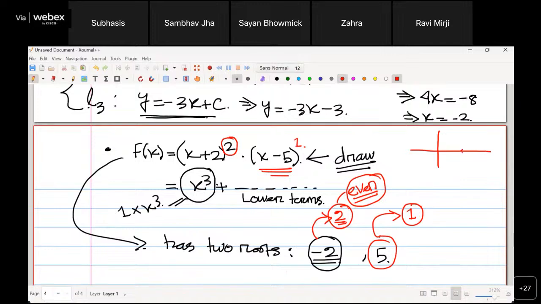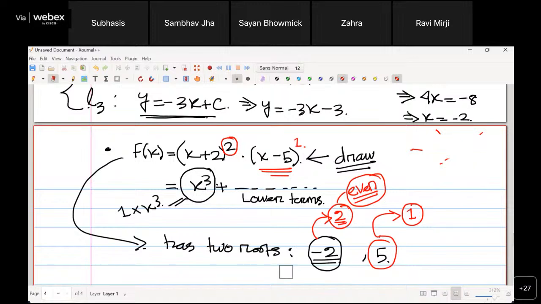If this is the point -2, and the graph is coming like that, then it will bounce back. It will not cut the x-axis, because the multiplicity of -2 is 2 and 2 is even.